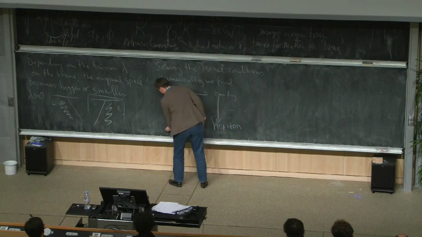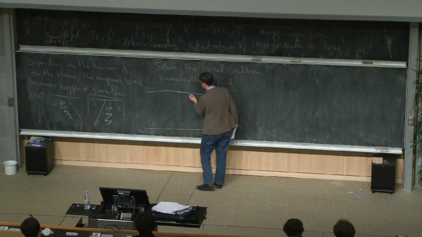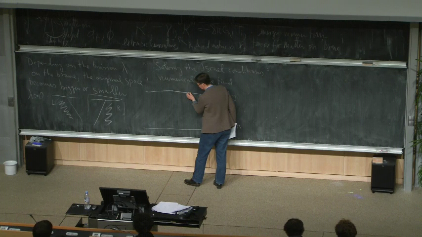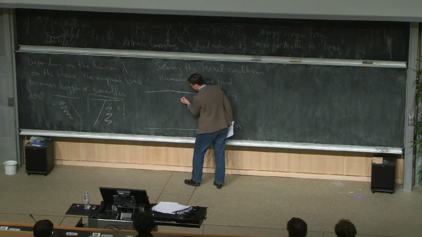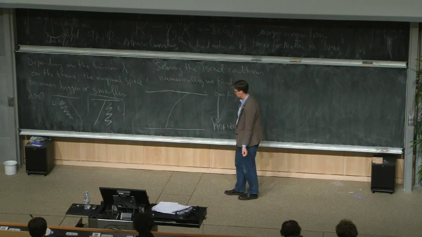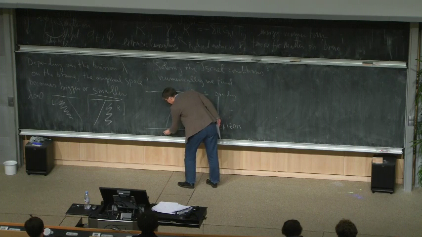Now what happens? Under the influence of these Israel junction conditions, this cut starts off with a particular slope here. Now I'm totally exaggerating, but just so you see the effect. It starts out like this, but then it turns around and becomes steeper. So this is the UV, and this is the IR.